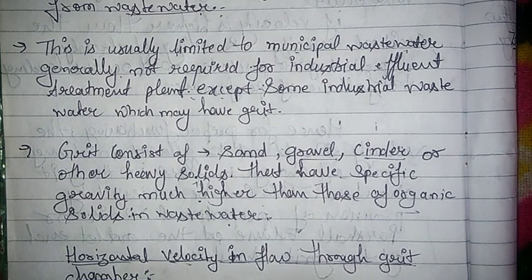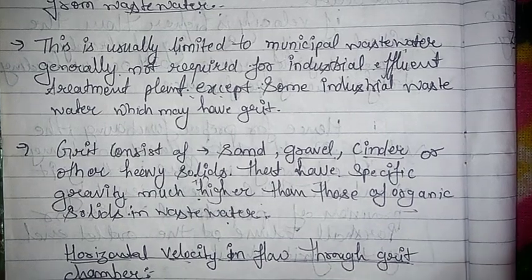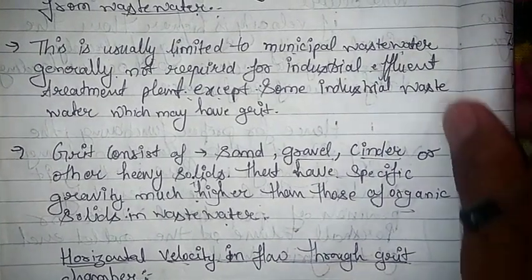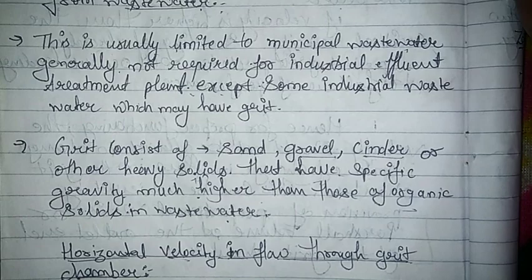The specific gravity of these organic matters is much less than that of inorganic matters. So grit consists of sand, gravel, and other heavy solids which have higher specific gravity. These are some points about the grit chamber.